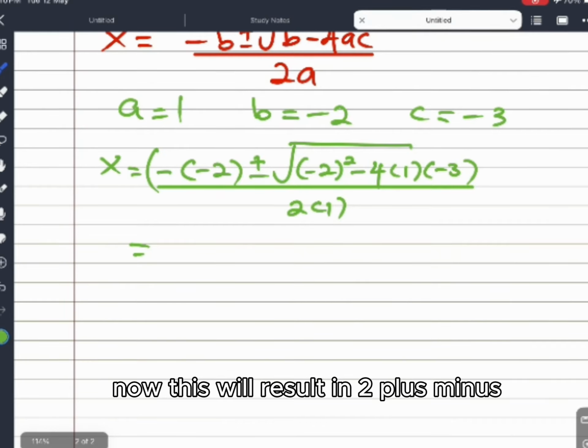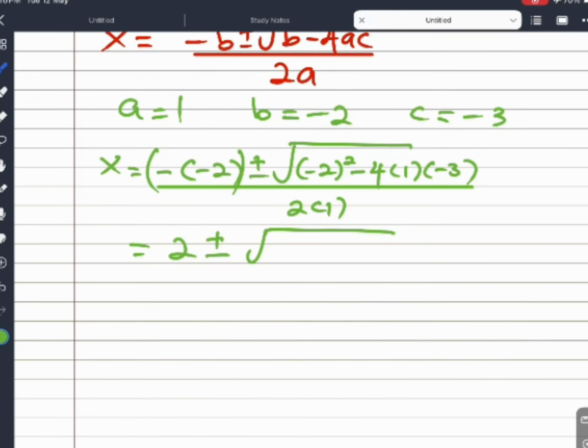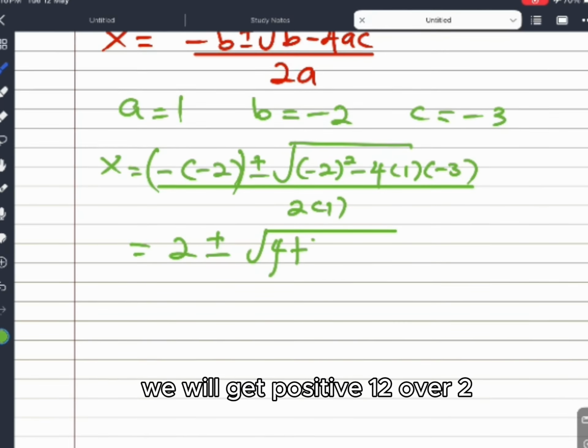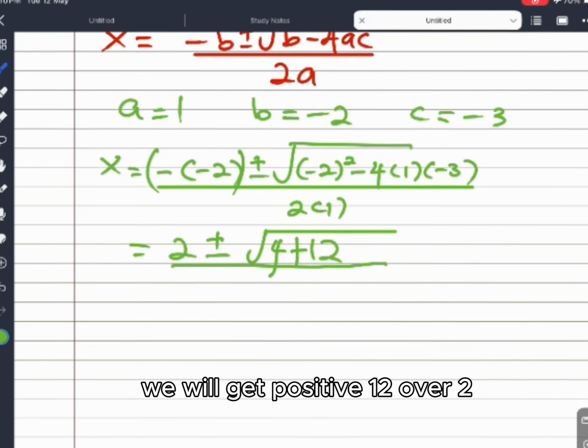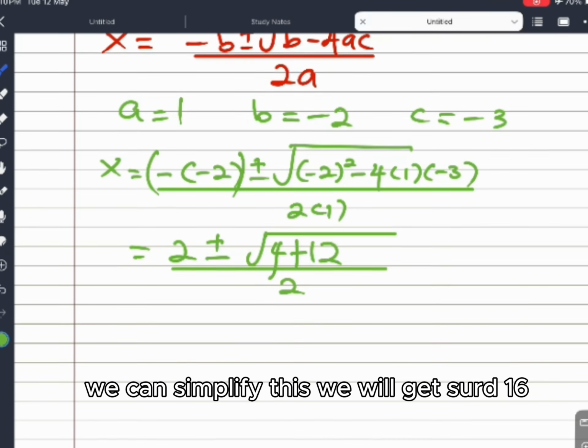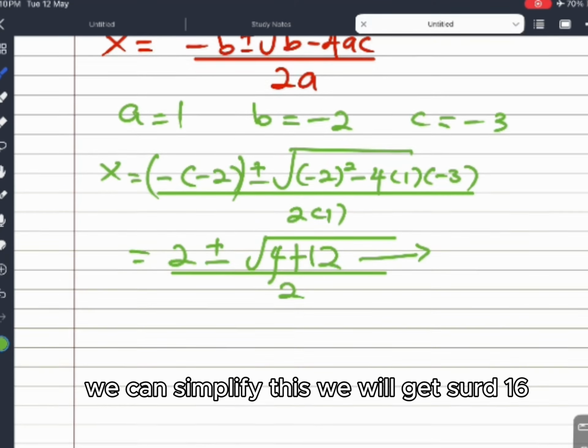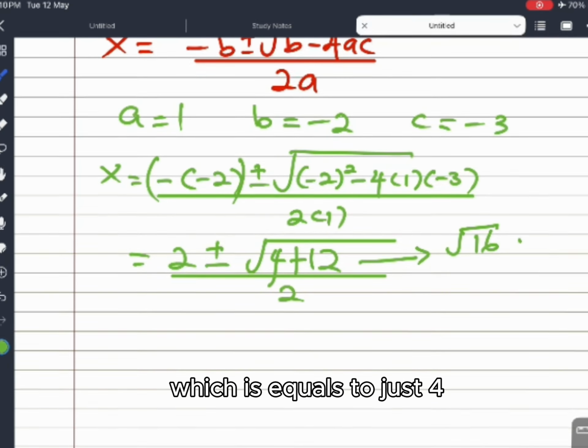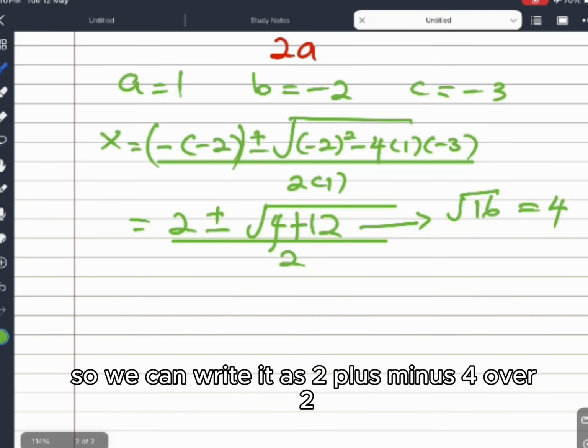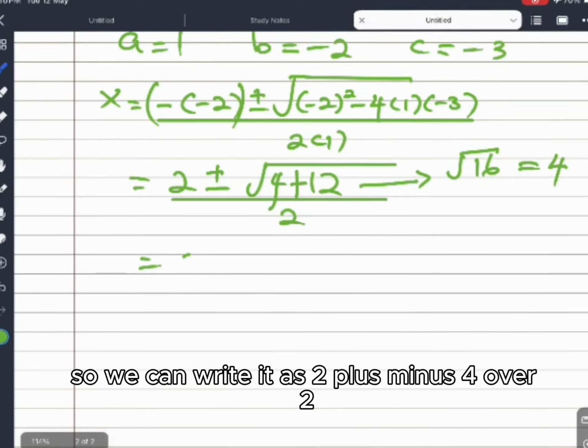Now this will result in 2 plus minus the square root of negative 2 squared, which is just 4, minus negative 4 times 1 times negative 3, we will get positive 12, over 2. We can simplify this. We will get the square root of 16, which is equal to just 4. So we can write it as 2 plus minus 4 over 2.